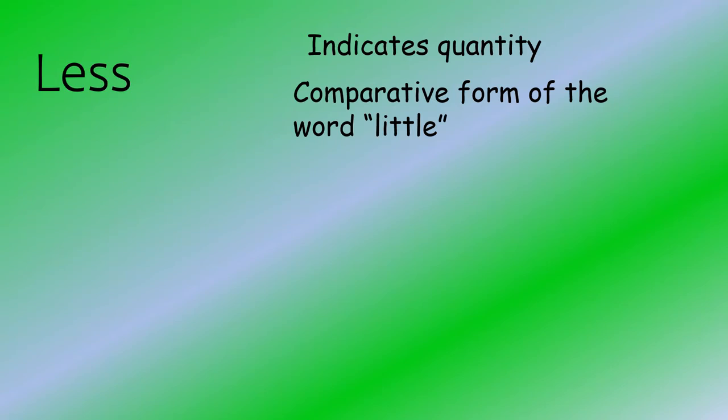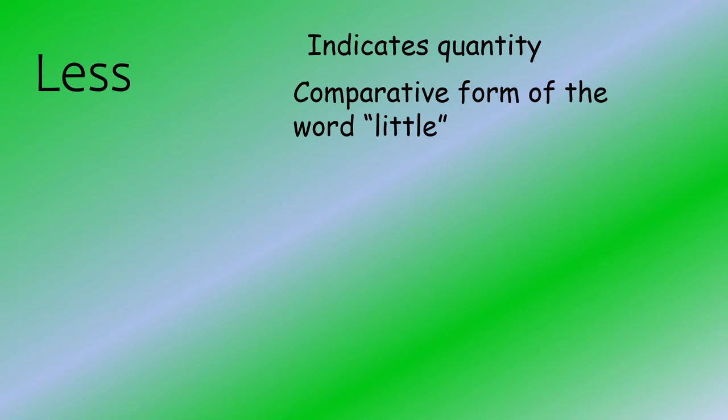Now, you need to understand this much. Comparative form means we can use these adverbs or adjectives to compare one thing with some other thing, or more than one thing with some other things.